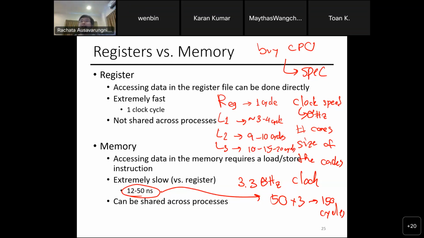So that's why there's level 1, level 2, and level 3. Level 1 is the smallest. Level 2 is bigger. There's more chance that your data might be there. Level 3 is the biggest. It's still a lot smaller than your DRAM, but there's a good chance it's there, right?